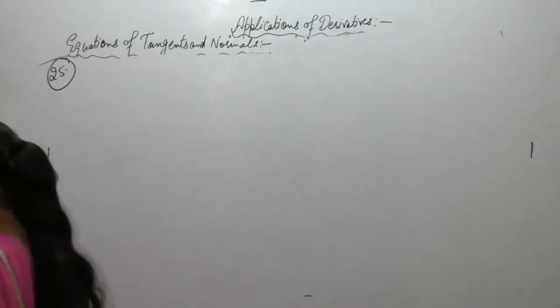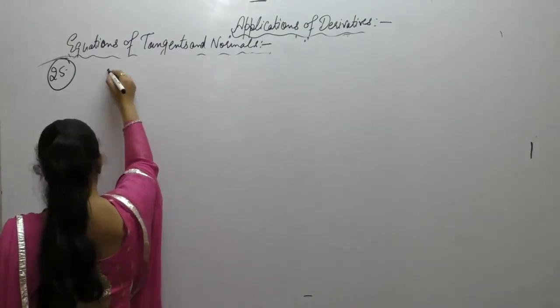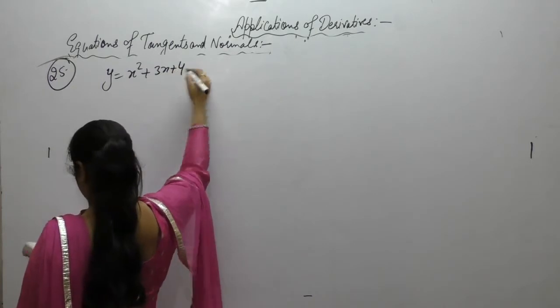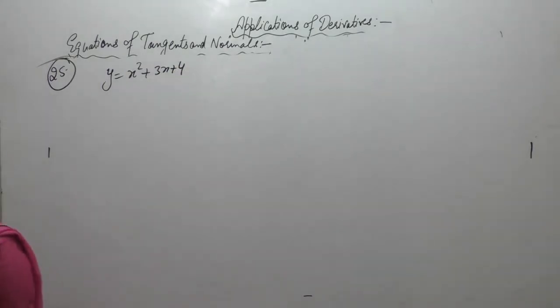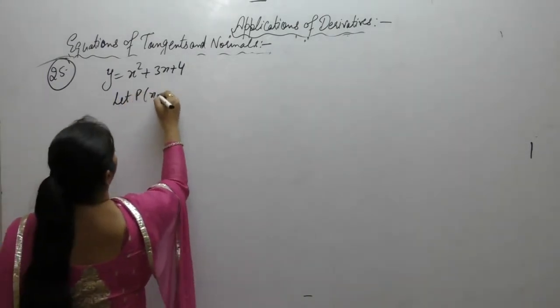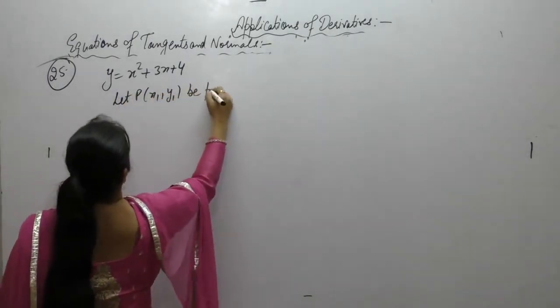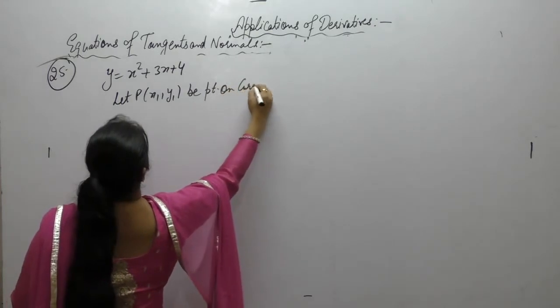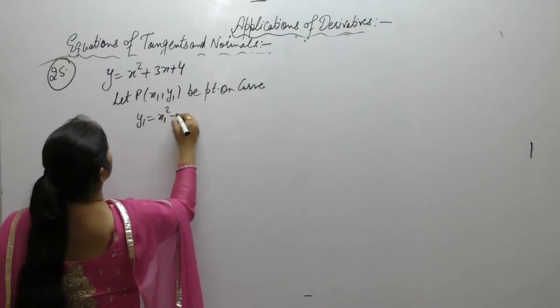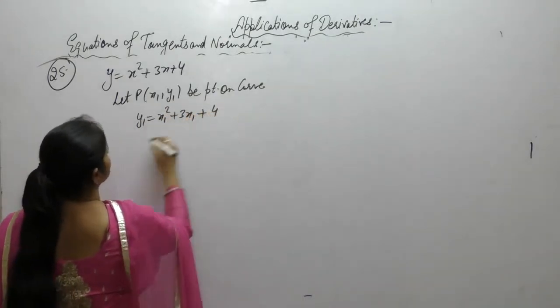Find the coordinates of the point on the curve, the tangent at which passes through the origin. Let P x1 y1 be the point on the curve. Then this point will lie on the curve: y1 is x1 square plus 3x1 plus 4.